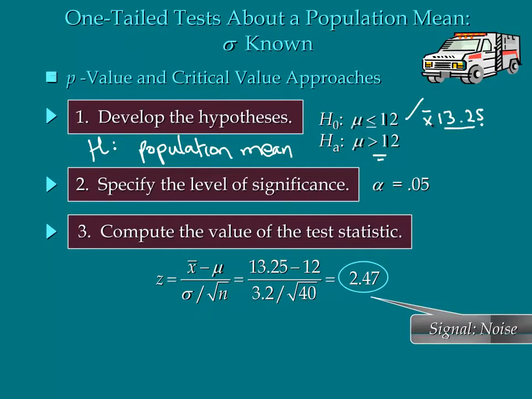Specify the level of significance: alpha equals 0.05. Now compute the test statistic. I've mentioned this a few times, but it's worth mentioning again: the test statistic is the point estimate minus the expected value under the null hypothesis, which I'll call the null value for short.